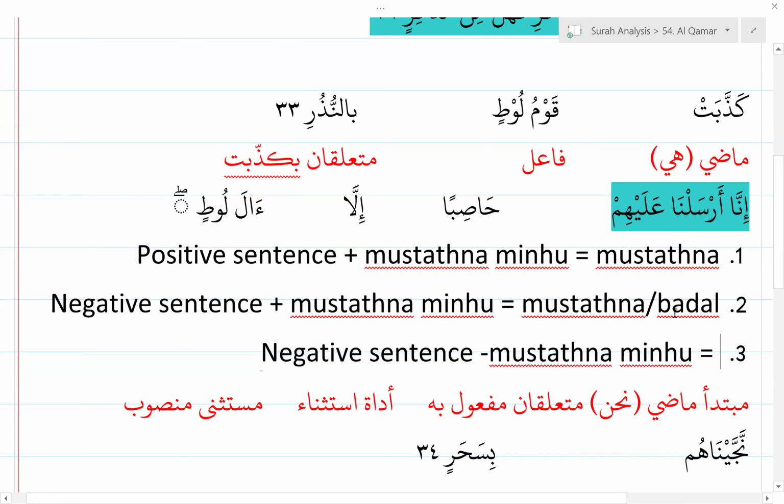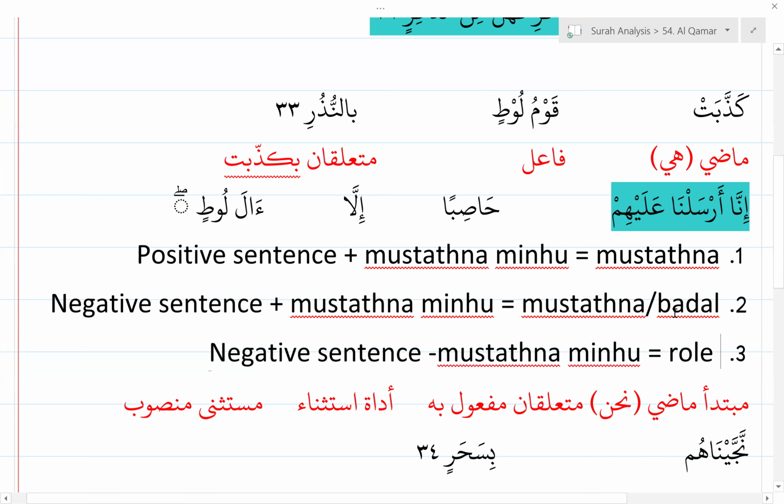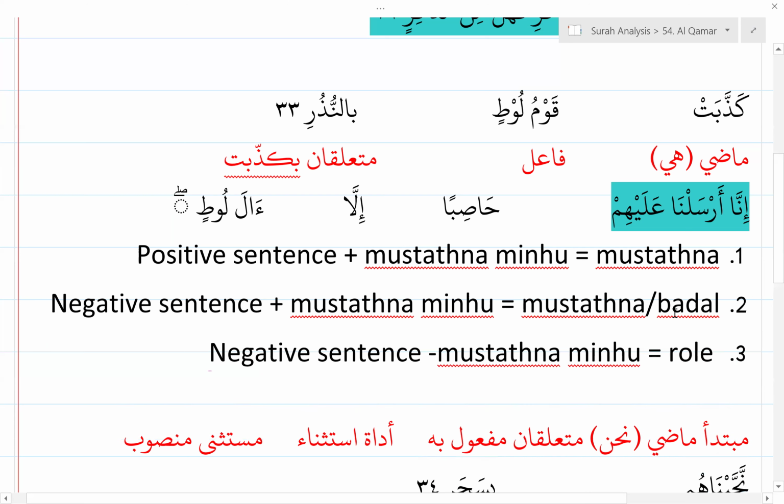You look at the sentence. This is where you remove the negation and just look at what role it plays. So it gives you the role in whatever form it is. So if it was playing the role of the fa'il, it's going to be the fa'il. Okay, let me give you an example of this, because this one might not be very clear.